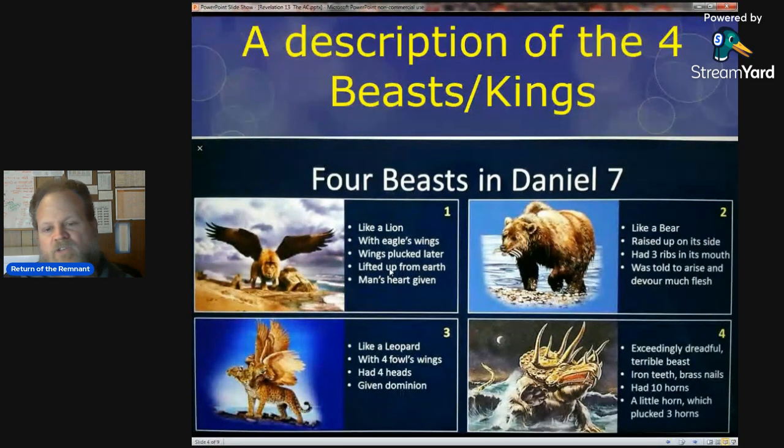Some people believe otherwise, and again, it's just my opinion, but I think it fits better that all these beasts are here at the same time. Not that this beast that was a lion with the eagle's wings was the Sumerian Empire, and the bear was Babylon, and or Egypt. I believe that all 4 of these beasts are all beast empires at the same time.